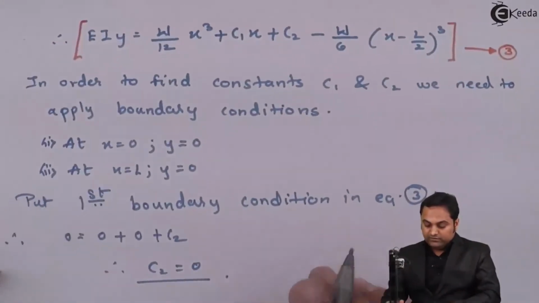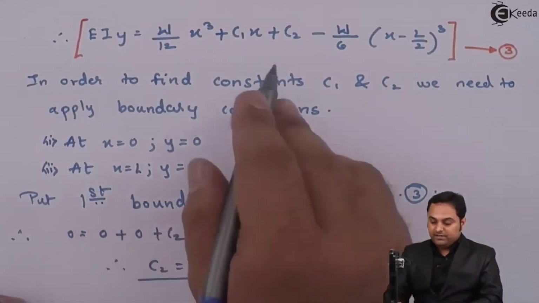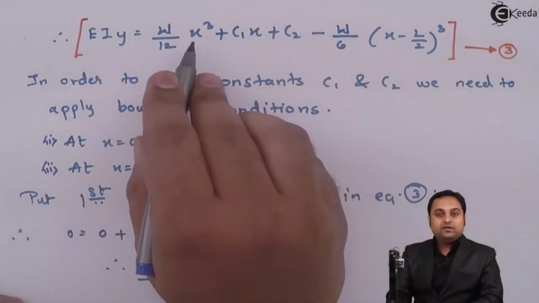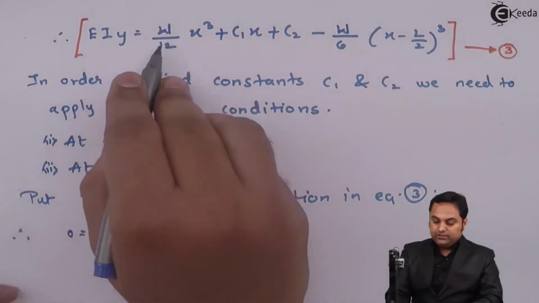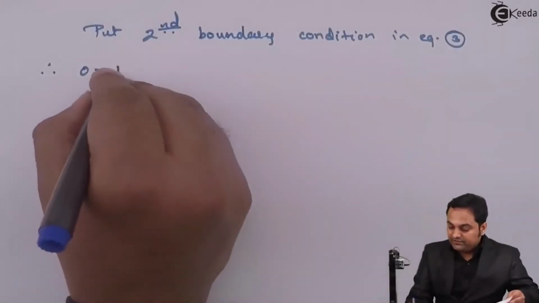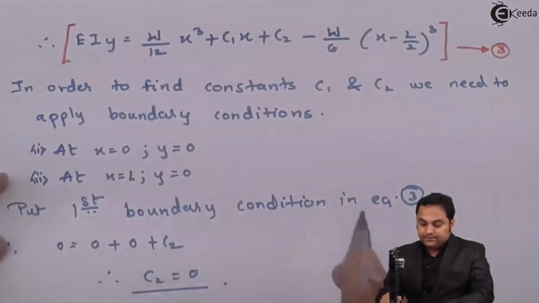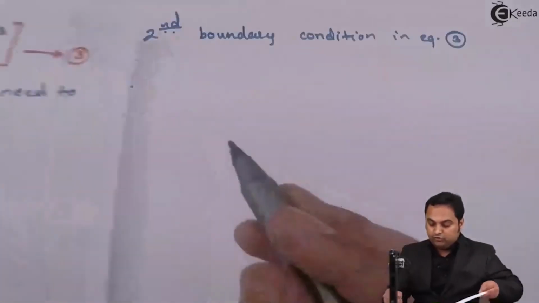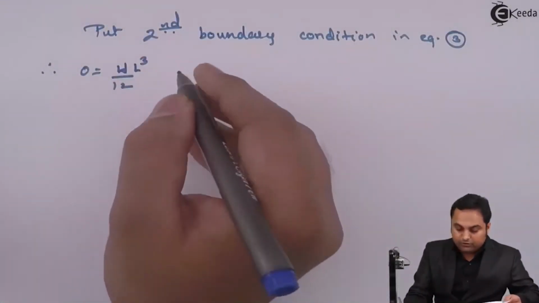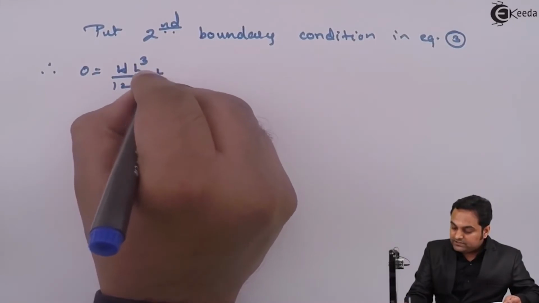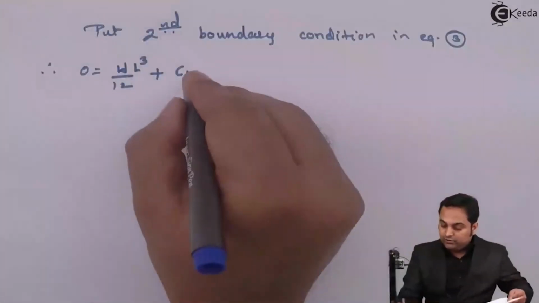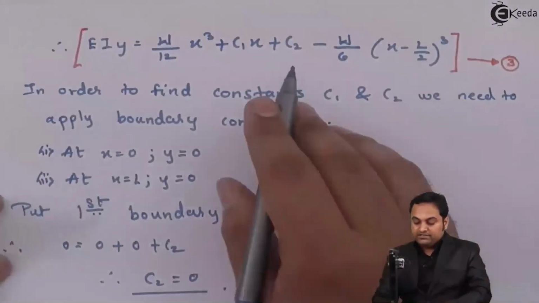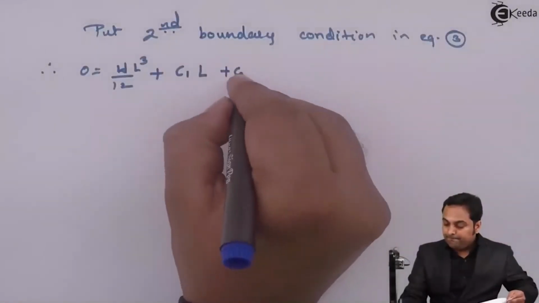Now wherever here we are seeing x, it has to be replaced by L. So here we have W by 12 as it is. Next, x cube will become L cube. So it is WL cube by 12 plus C1 into x, so it will become C1 into L, plus C2 is 0.